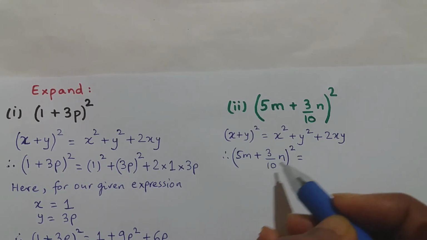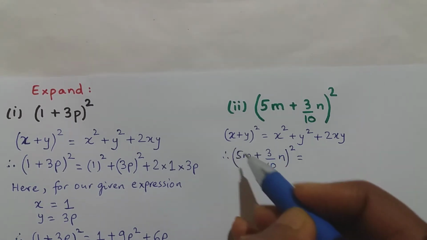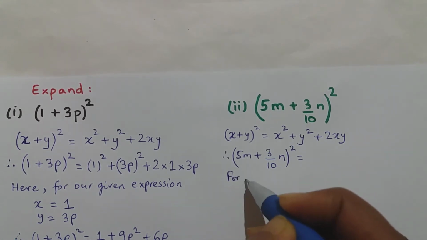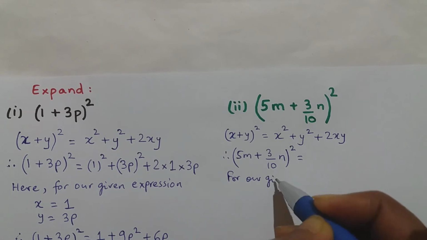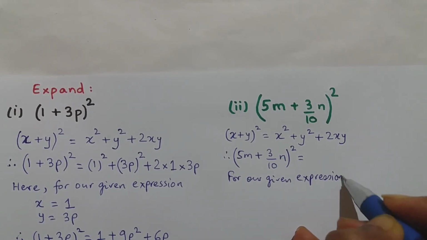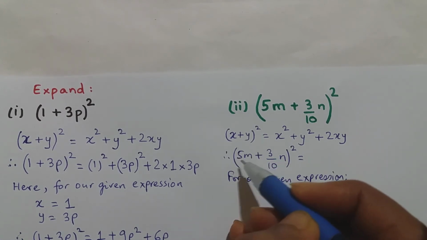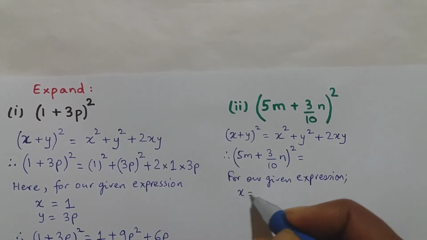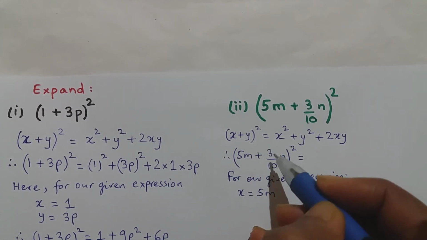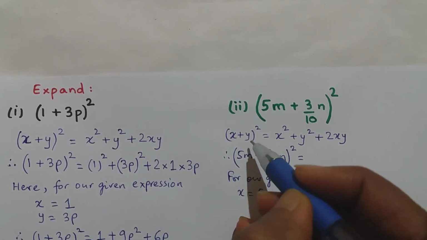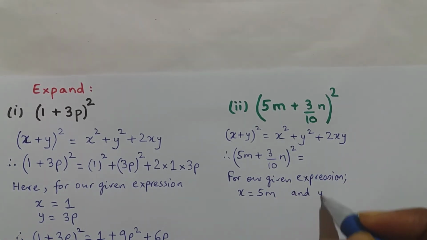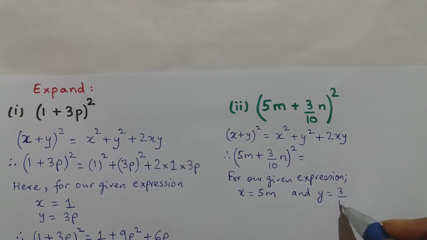So for our given expression, x corresponds to 5m, so x is 5m, and y corresponds to 3 by 10 n, so y is 3 by 10 n.